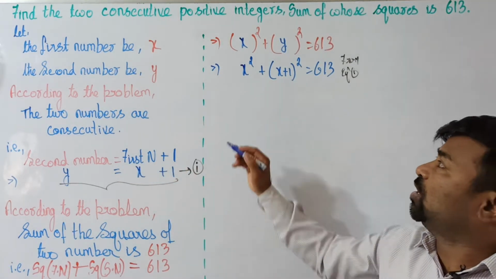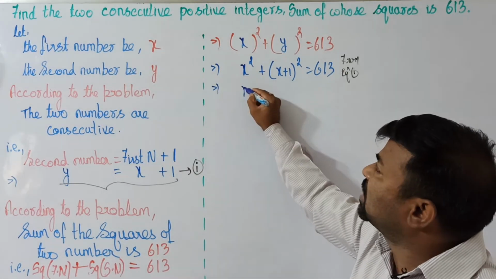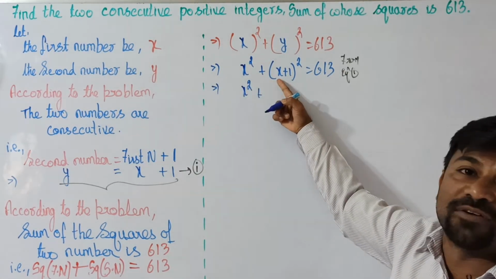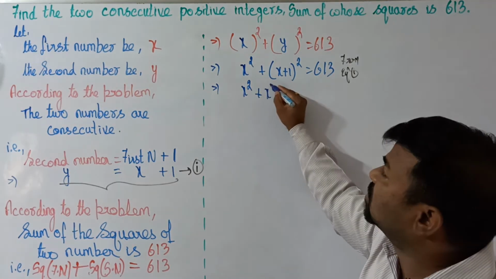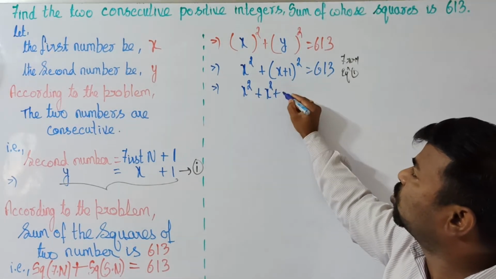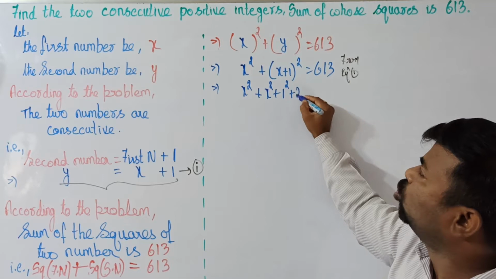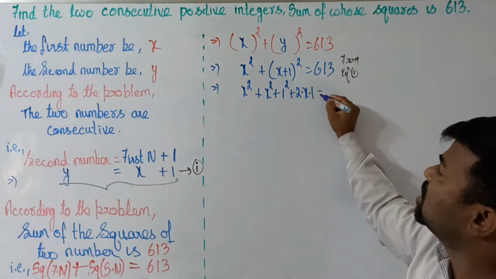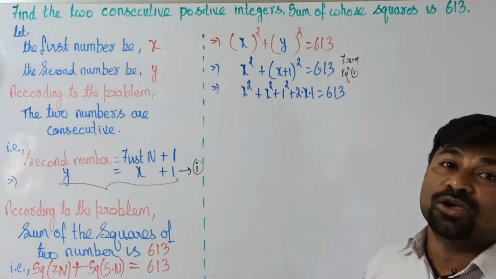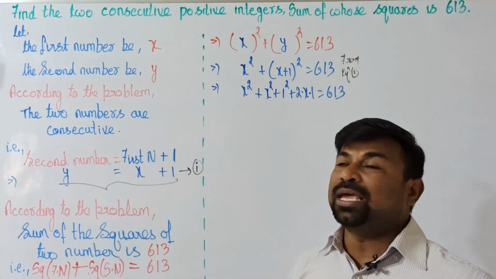Now we got an equation. Now let's simplify. This is in the form of a plus b whole square, which is a squared plus b squared plus 2 into a into b, that is x into 1, equals 613. We have used the formula a plus b whole square.